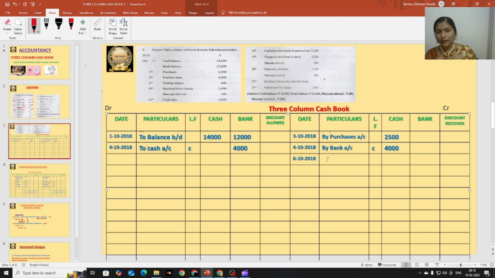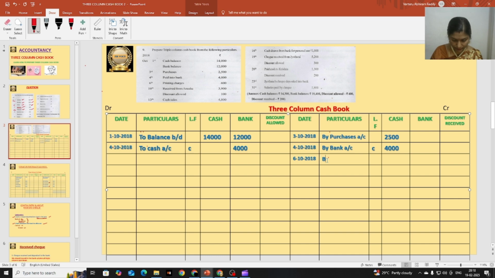Whenever they are receiving any cash or anything else from any person, we write the person name. If they are paying or receiving any item, like commission received, we record commission. Printing charges paid, we record printing charges.